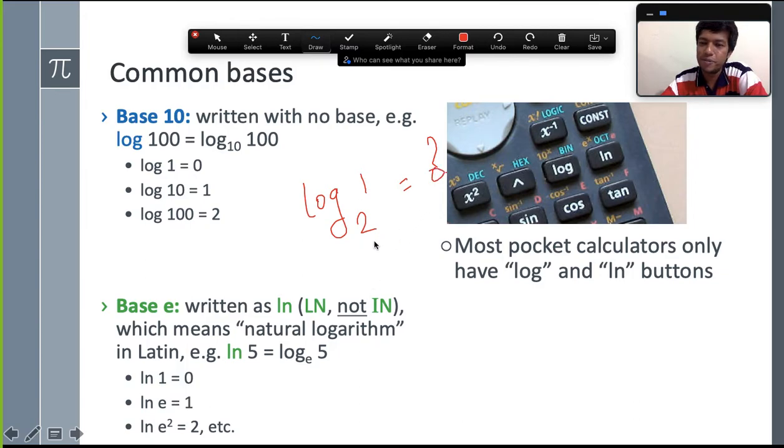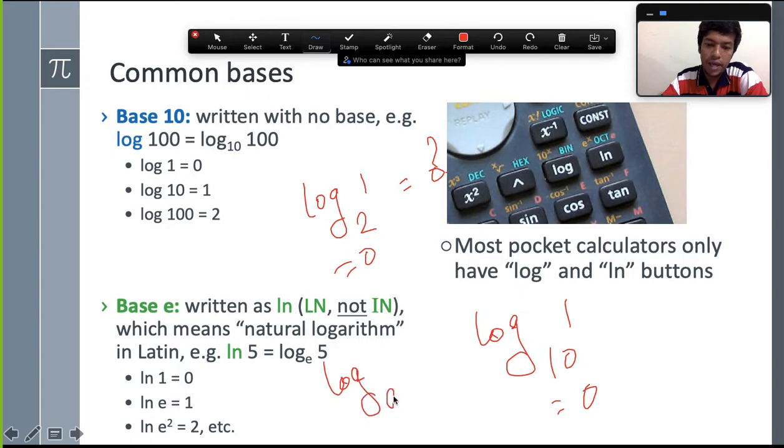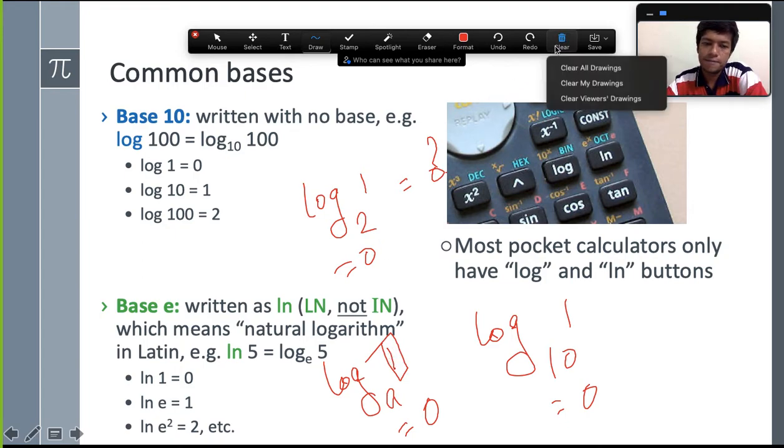The answer is 0. Log base 10 of 1 equals what? The answer is 0. Log base a of 1, this is the formula now, equals 0. Do you understand? If you see 1 here, the answer will always be 0, because all these things to the power 0 equal 1. That is the reason.